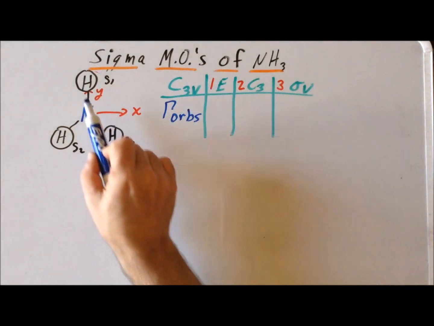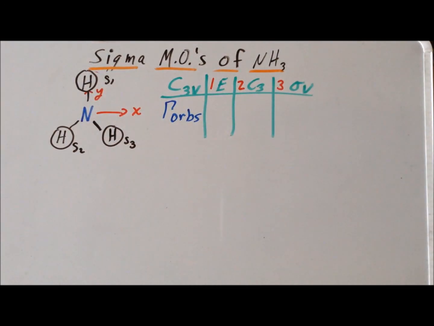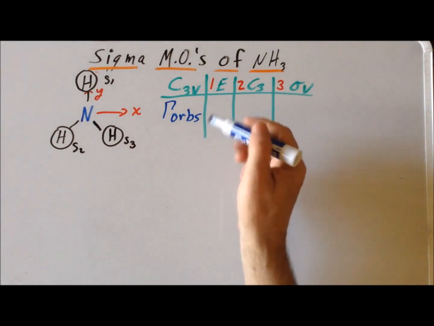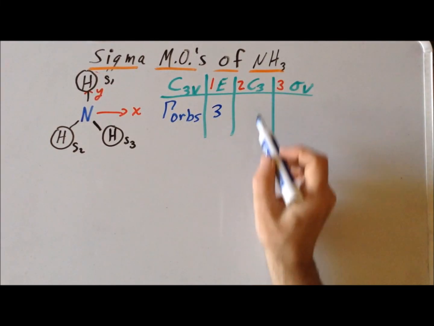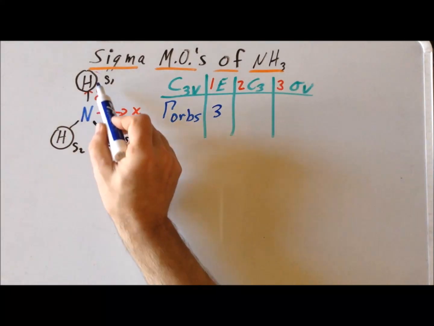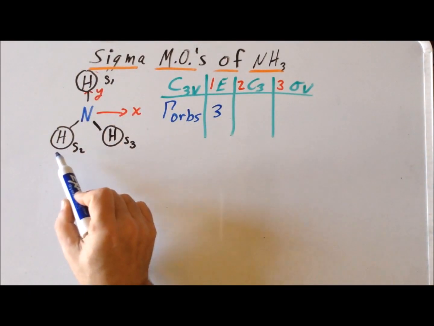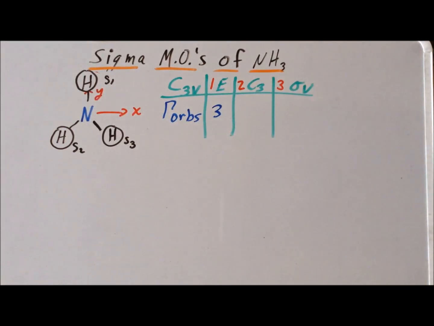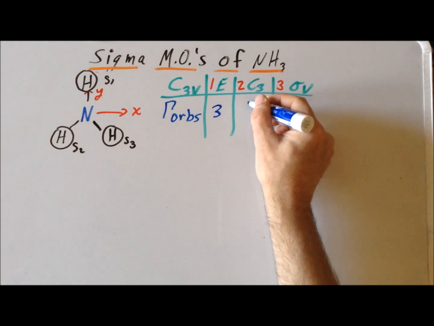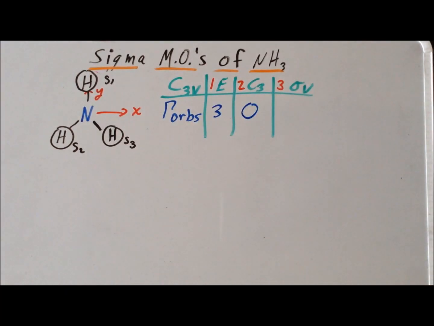So under the identity, all three of the sigma orbitals stay where they are. So this character becomes a 3. Under the C3 operation, S1 goes to S2, S2 goes to S3, S3 goes to S1, so none of the orbitals stays put, so our character here is going to be a 0.